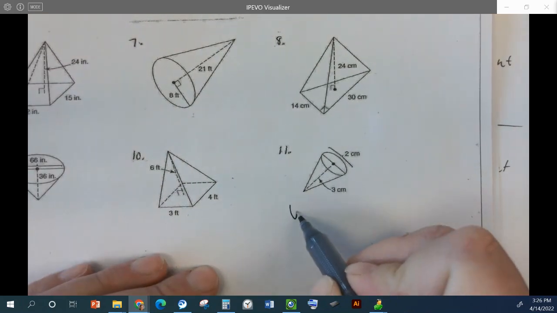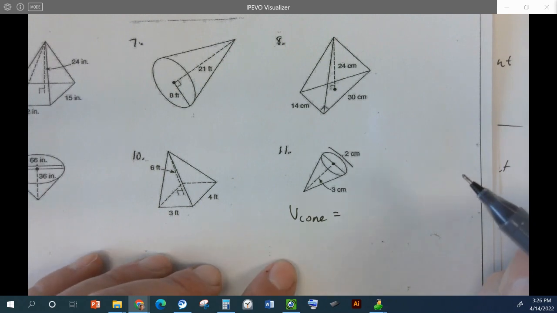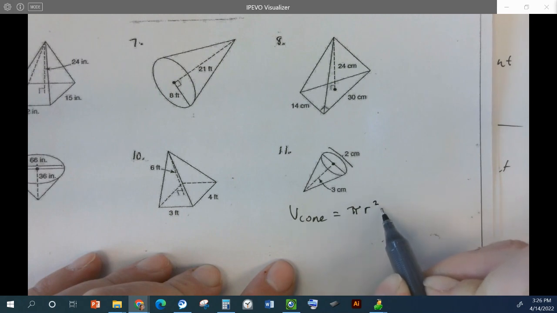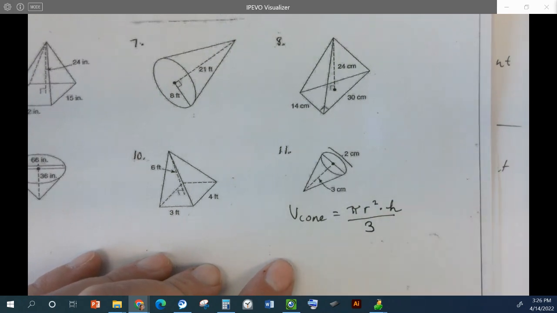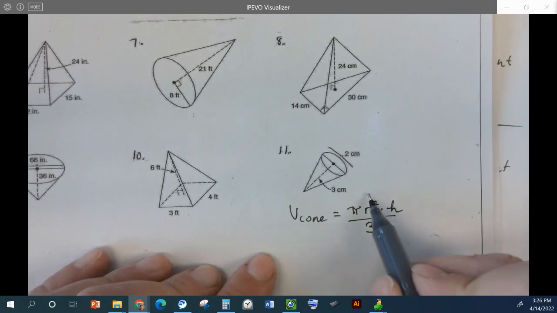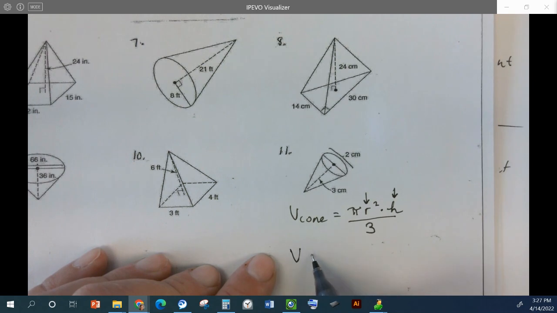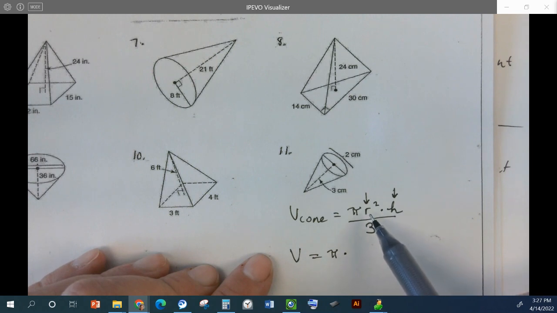So the volume of a cone, I will have my notes out for this. The volume of a cone is pi r squared times the height divided by 3. So all we have to do is find the radius and find the height. So the volume here would be pi times, what is r for problem number 11?